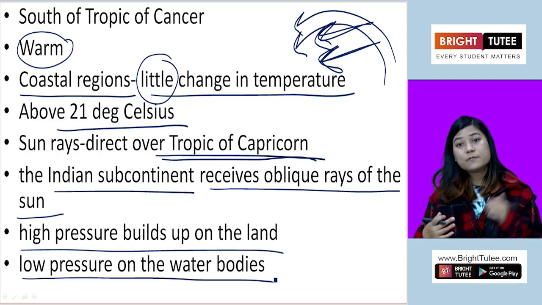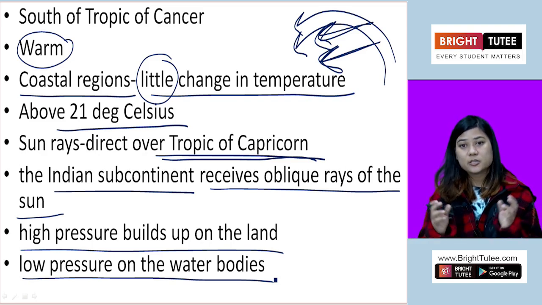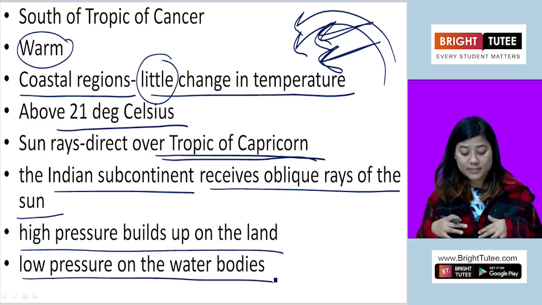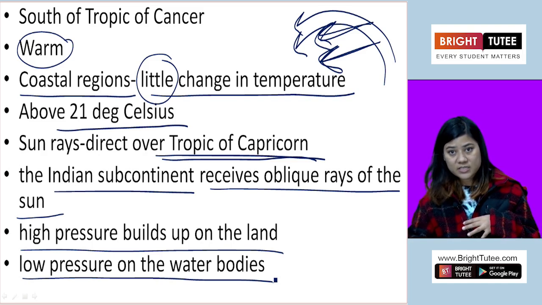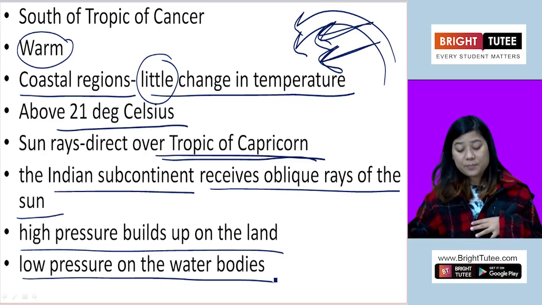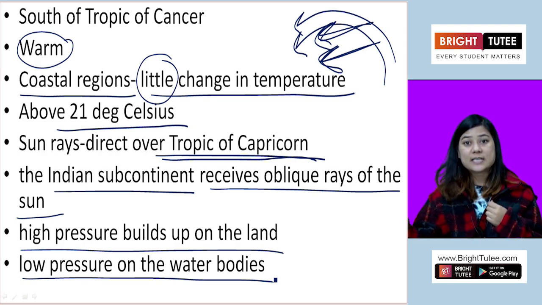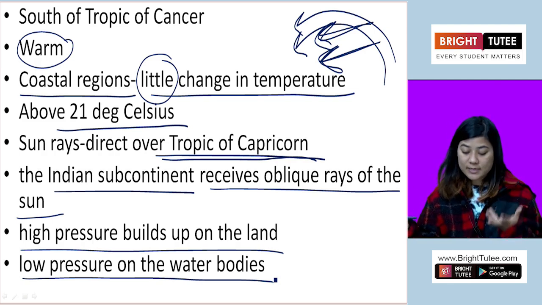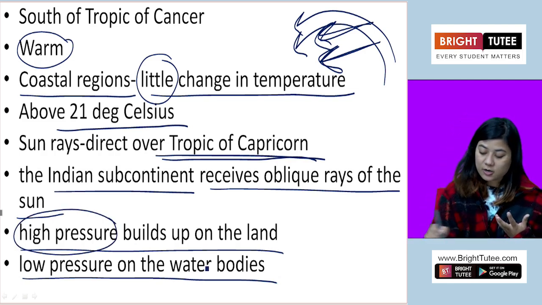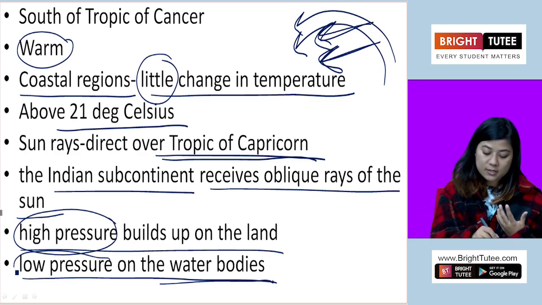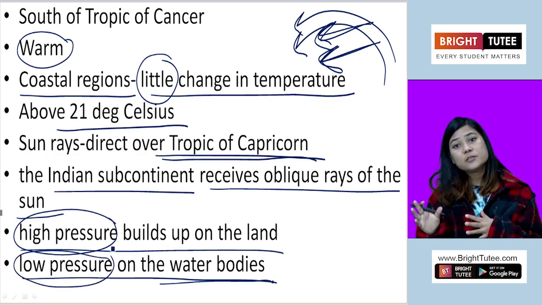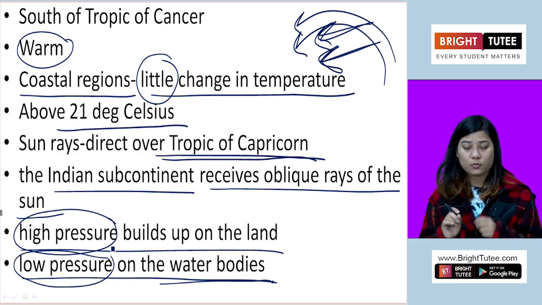So with the fall in temperature, the pressure is high on land. But in the water bodies, the temperature is high, and hence the air pressure is low. So on land is high pressure, and on the water bodies low pressure, and the wind flows from high to low.